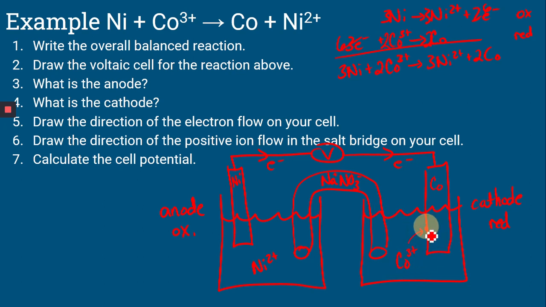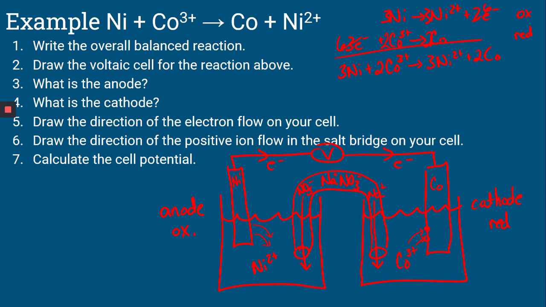These are becoming solid. So we need to balance that out by replacing them. So our sodium ion would be going this direction. Even though it doesn't ask for it, the negative ion is going this direction because the nickel is going to be adding in a bunch of positives. So we need the negative to help balance that positive out.